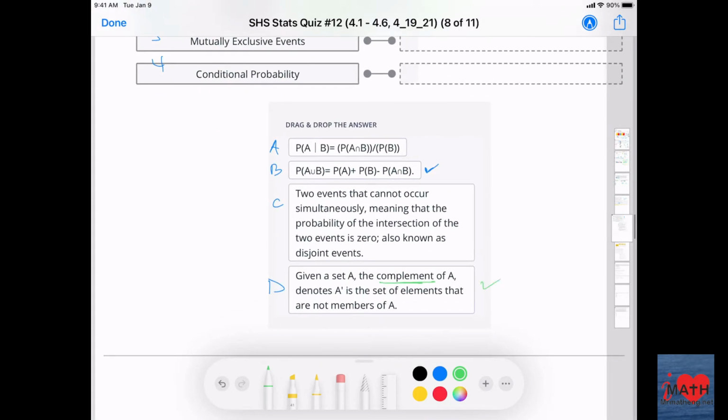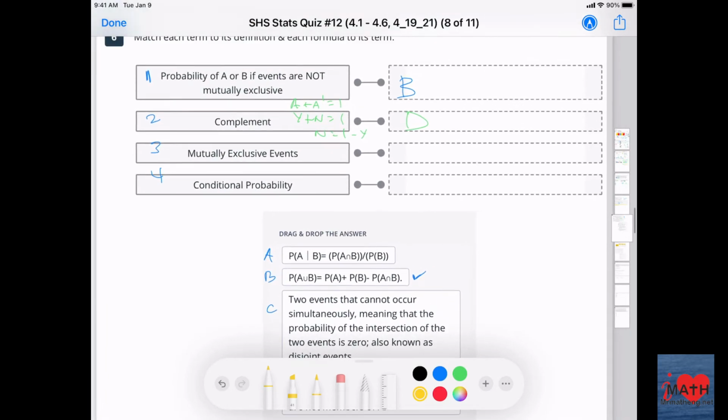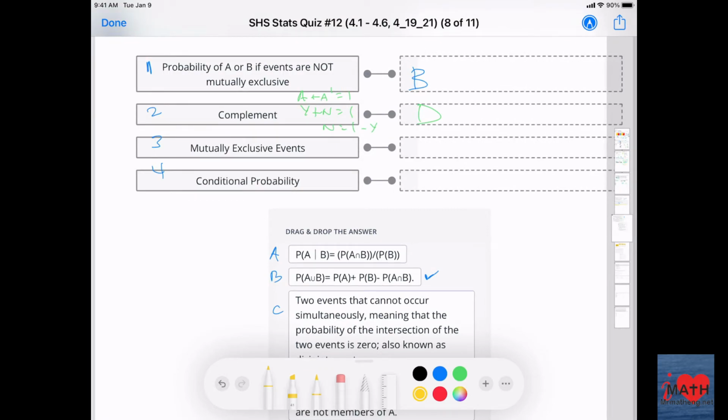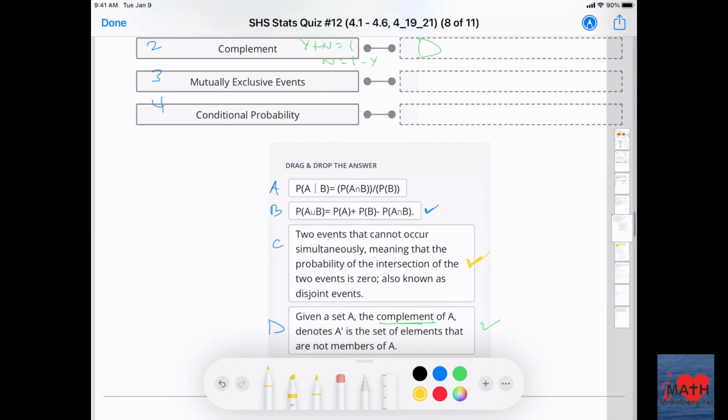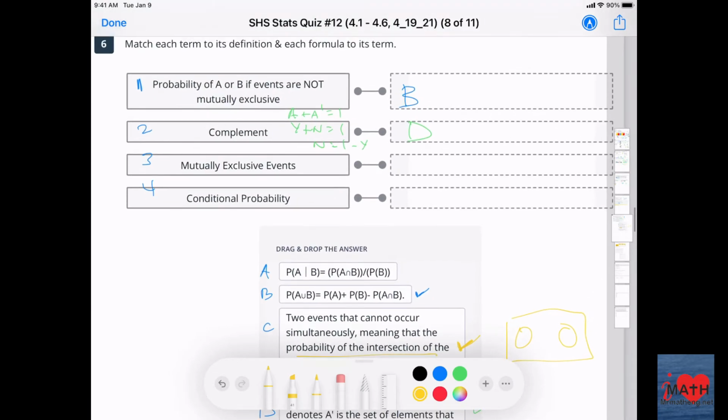This one down here. Okay, number 3, mutually exclusive events. Two events that cannot occur simultaneously, meaning that the probability of the intersection of the two events is 0, also known as disjointed event. Yep, that's that one. Because remember we talked about in class that if there is no intersection, then that would be that one.